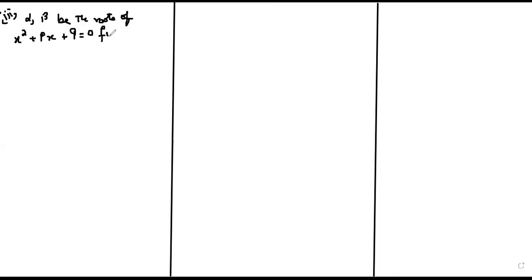Find the value of alpha over beta plus beta over alpha, right?